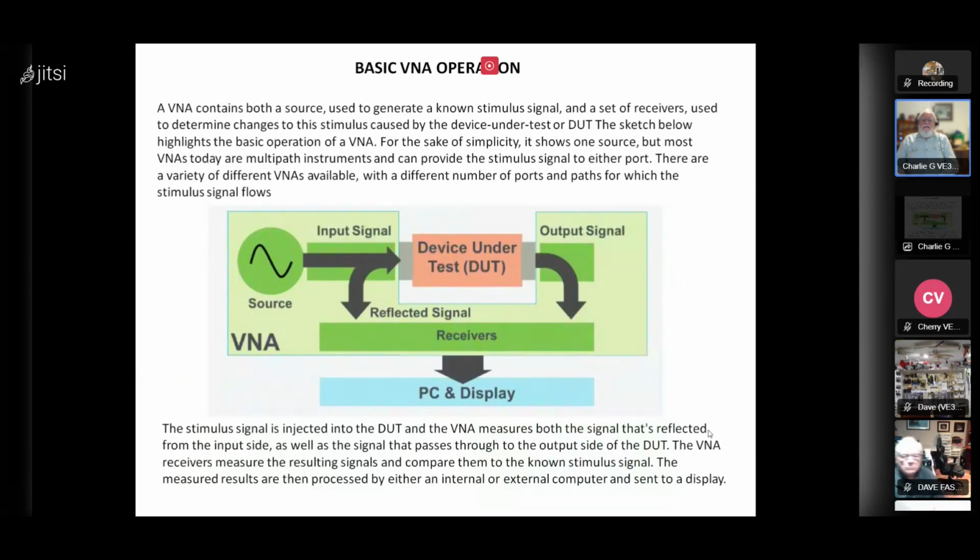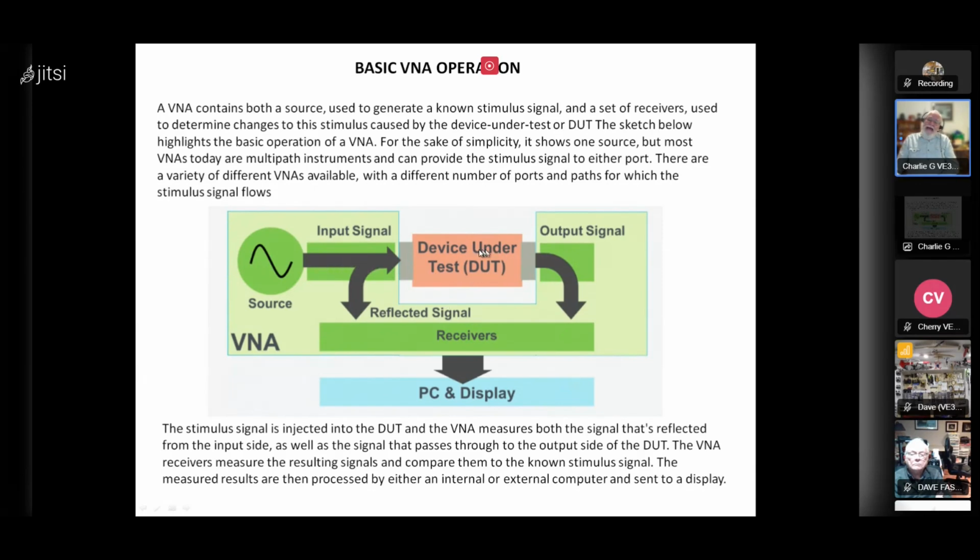All right, so let's talk about basic VNA operation. Any VNA that you buy, no matter what it is, has a signal source, and typically a minimum of 2 ports, where the source can drive a signal into the device under test. There are receivers that will look at what gets reflected back out of it.